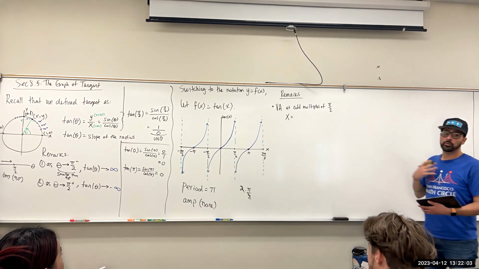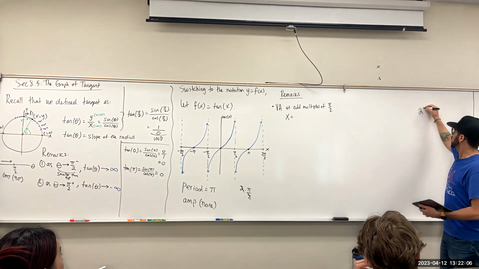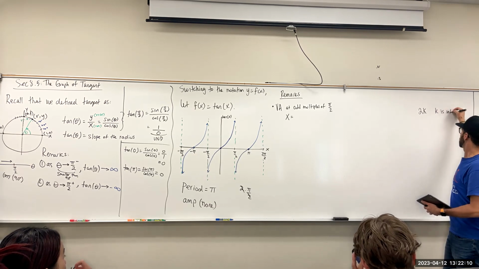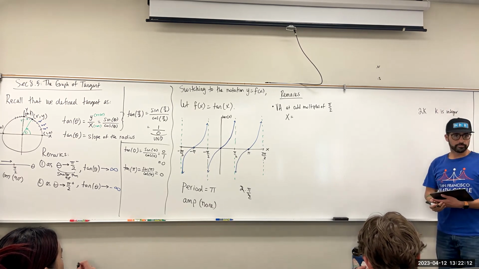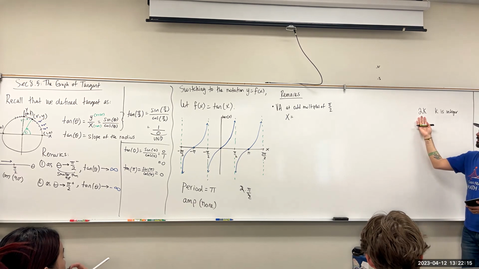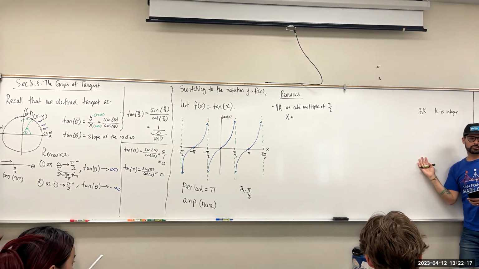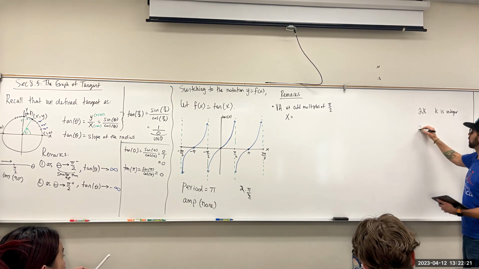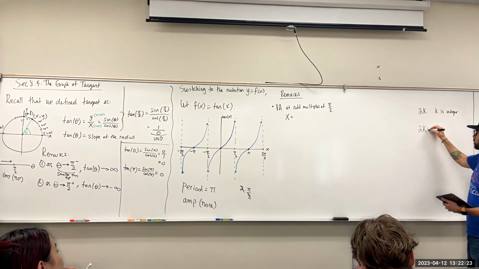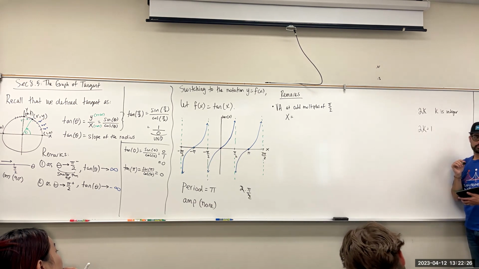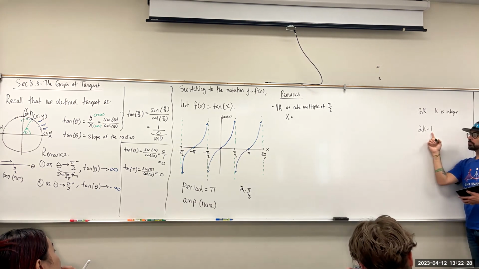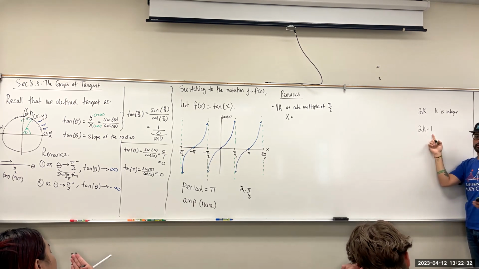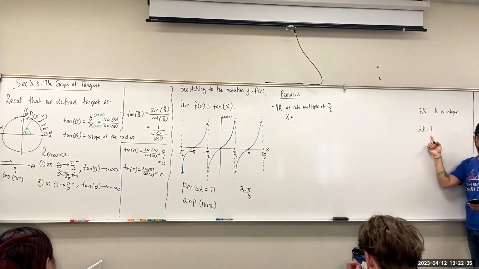So in general, if I want to write an even number, I can write it as 2k, where k is an integer. Cool? So then an odd number is not a multiple of 2, but I can think of an odd number as an even plus 1. 2 plus 1 is 3, 4 plus 1 is 5, 6 plus 1 is 7, and so on.